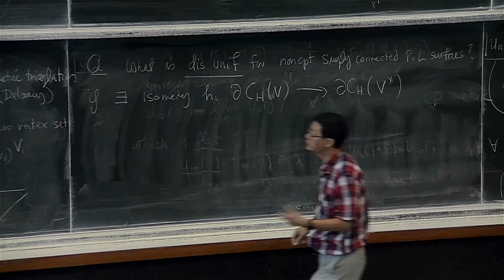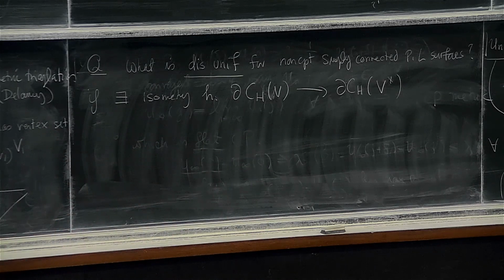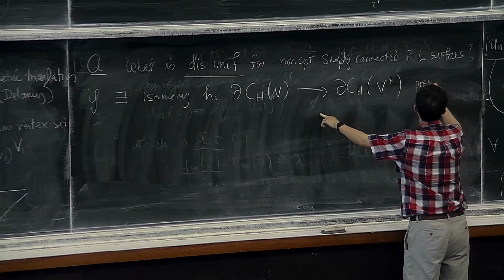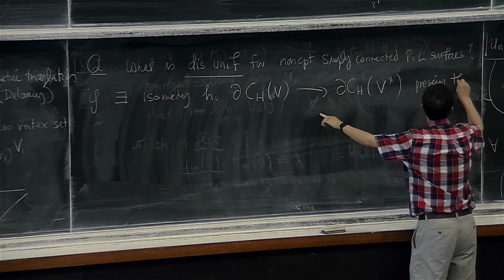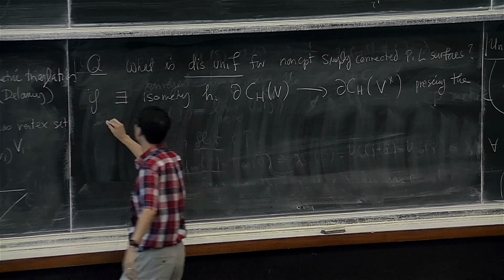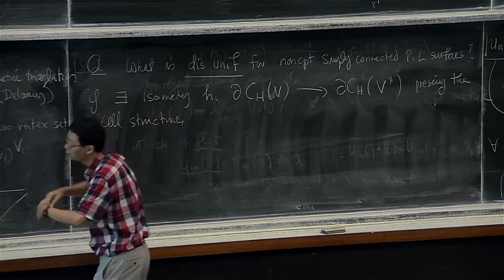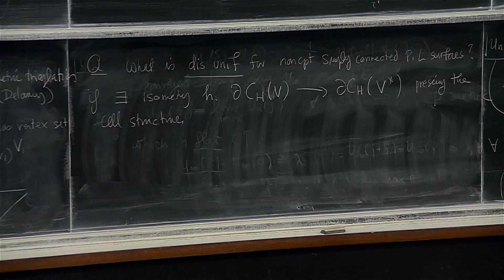But we have these triangulations here, so I need to assume that this is an isometry between the two, preserving the cell structure. So it has two-dimensional faces. These faces are these triangles, and here I have this hexagonal information.